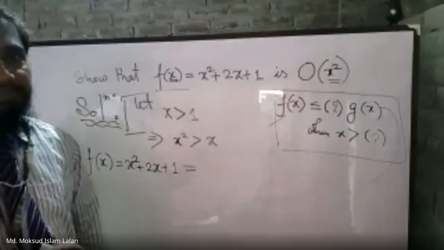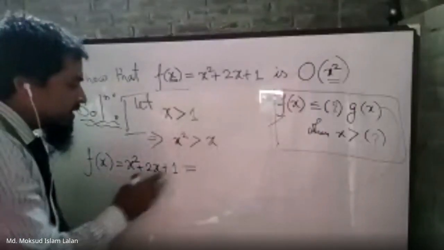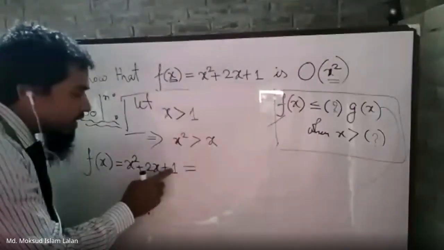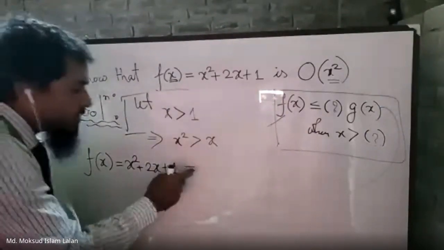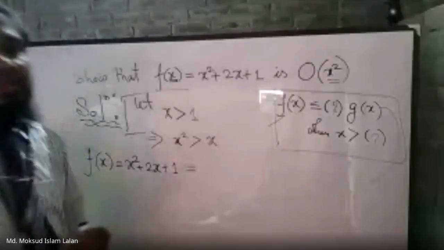Lumna? Sir, can you repeat, please? Try to understand. Suppose this is our relation and we don't want to write 1. Instead, we want to write x. Should I write an equal sign here?